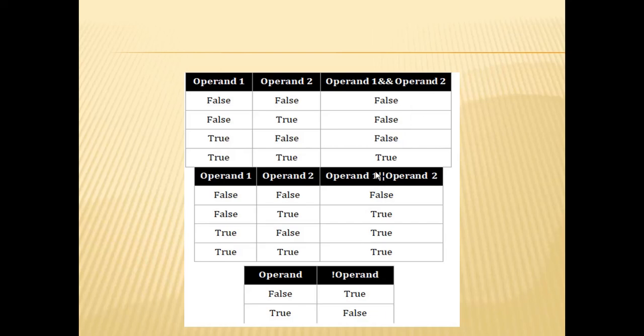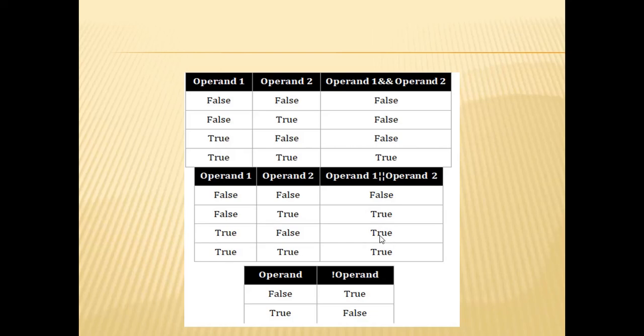And now the logical OR table. If the first operand is false and the second operand is also false, then the logical OR result is also false. If the first operand is false and the second operand is true, then the result is true. If the first operand is true and the second operand is false, then the result is true.